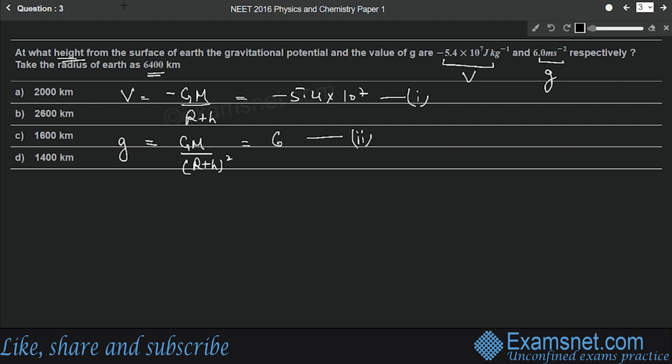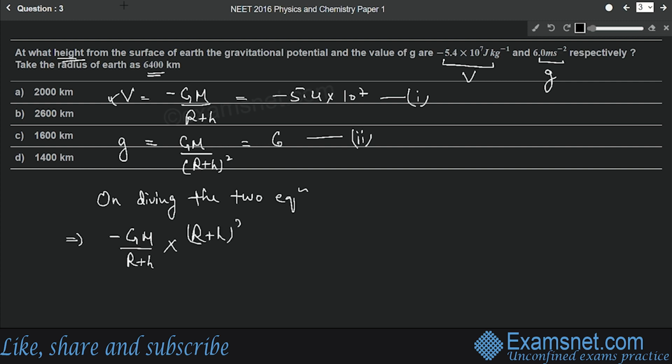Now we'll divide these two equations. Okay. So on dividing the two equations, that is V, gravitational potential divided by acceleration due to gravity g, we get, so formula for V is minus GM upon r plus h, and dividing by g, this r plus h whole square of the small g will go here and GM will come here.